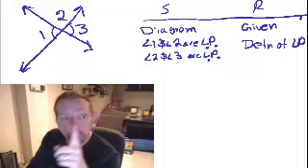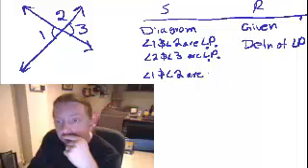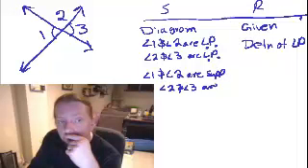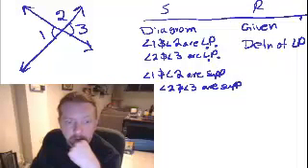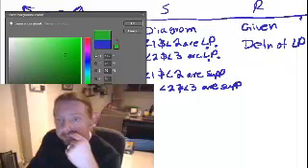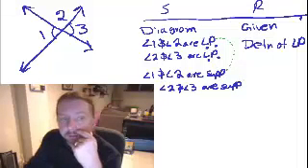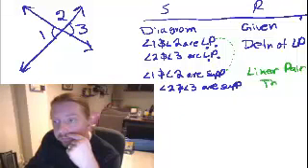I know one rule tells me that angle 1 and angle 2 are supplementary. Angle 2 and angle 3 are supplementary. What rule tells me that if I have a linear pair, I've got supplementary angles? That would be the linear pair theorem.